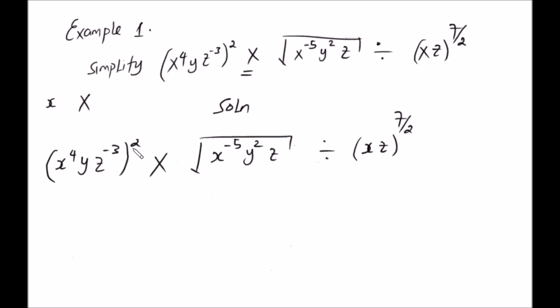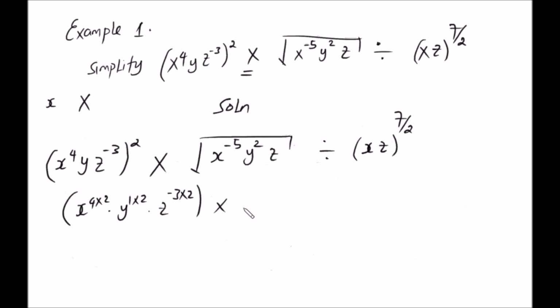So tukiwa tuna exponent nje ya bracket kama hivi, tunaiingiza ndani ya bracket kwa kumultiply na exponent zilizopo ndani ya bracket. Fundamental law ya 3 kama unaikumbuka kwenye tutorial iliyopita. So hapa tutakuwa tuna x power 4 times 2 times y power 1 times 2. So kukiwa kuna exponent, manake exponent yake ni 1, times z power negative 3 times 2.